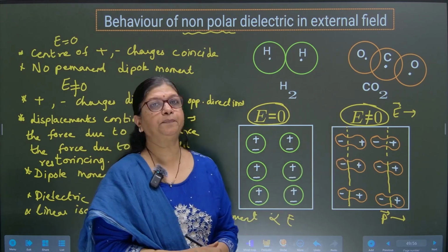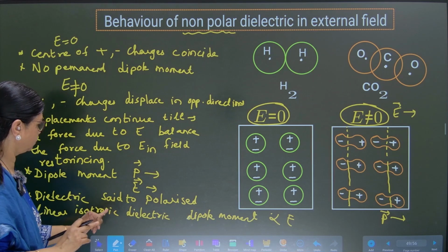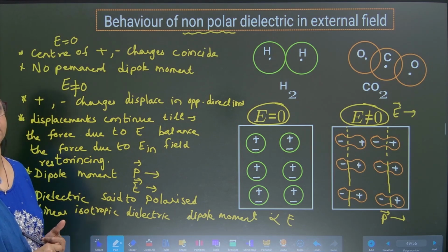Then this type of dielectric is called a linear isotropic dielectric.